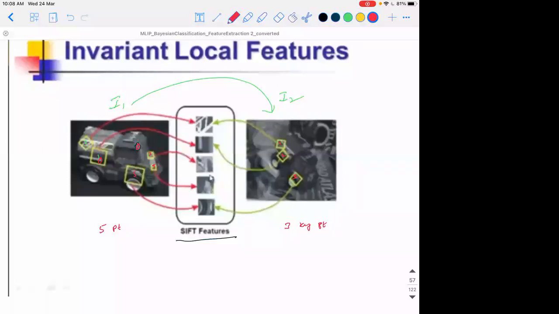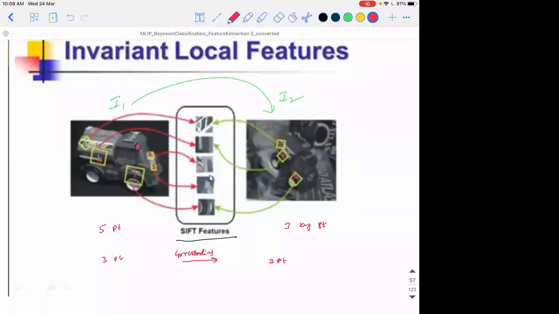If I want to say whether this image and this image belong to the same object, if 3 points here match with 3 points here, then I may say that these are corresponding points, and it's likely that both correspond to the same object. Now the question is, I have got the points, but how do I say whether this point and this point match or not?